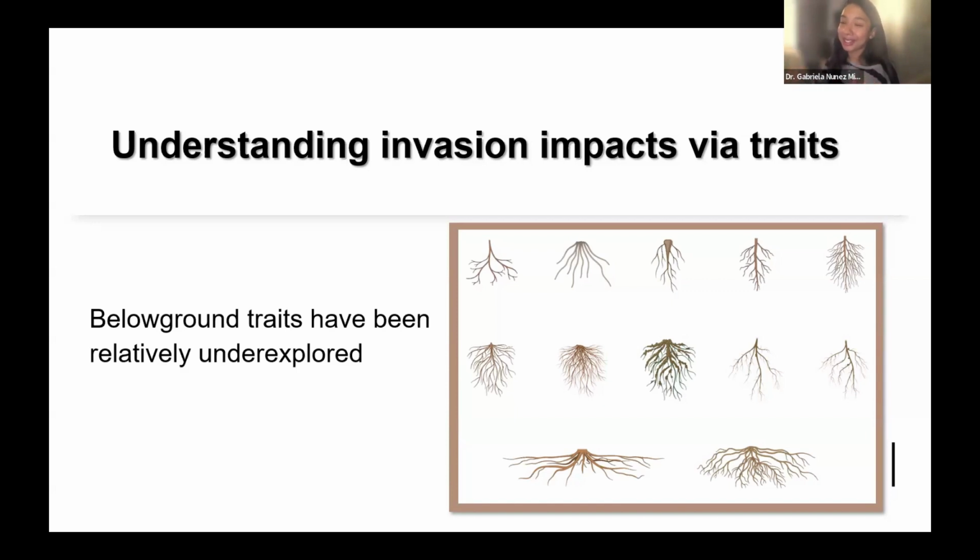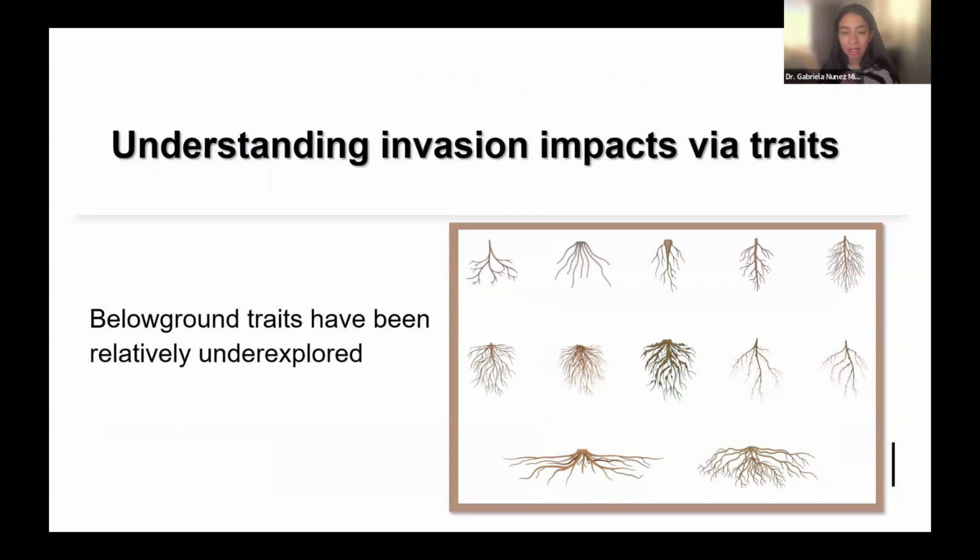root traits are very hard to measure because you have to pull the whole root system out. And if you've ever done that kind of work, you know exactly what I'm talking about. So part of why we don't know is because root traits, below ground traits, so characteristics of the roots themselves, have not been studied as closely.